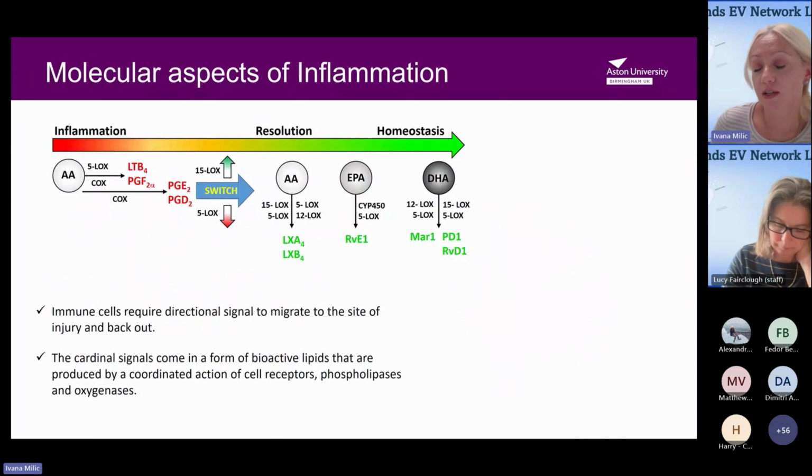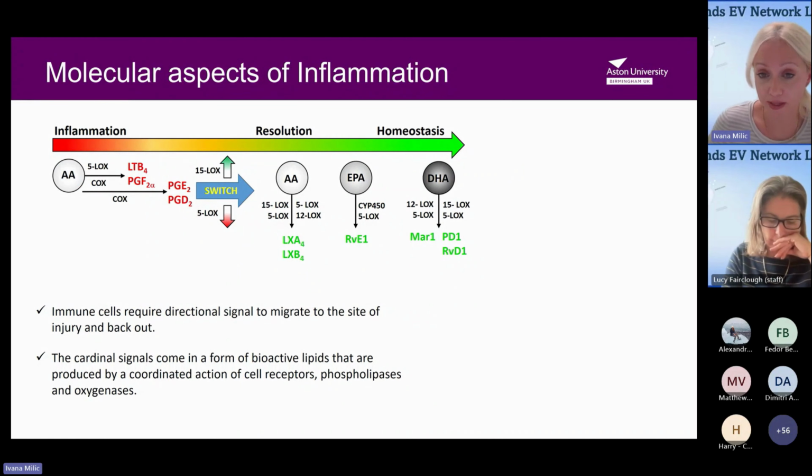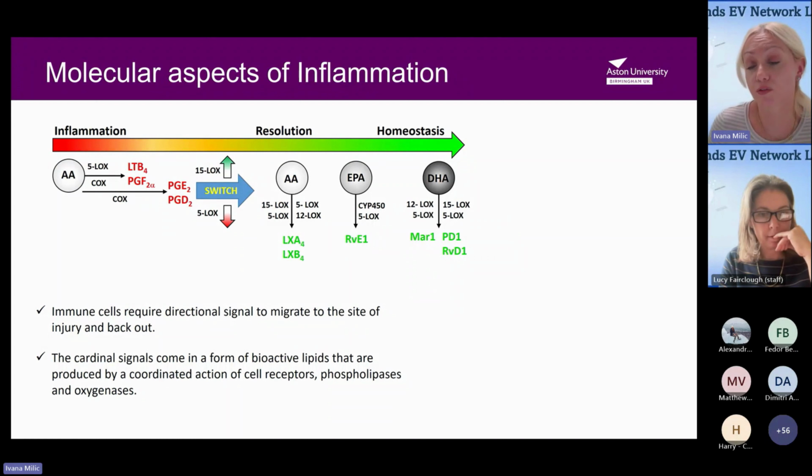I mentioned the molecular aspect of apoptosis from its onset to the homeostasis. So going back again, these bioactive lipids are synthesized locally by enzymatic interaction within the cells. Sometimes it is necessary, especially for those pro-resolving, that we have a subsequent enzymatic interaction of different types of enzymes, so it's not a direct enzyme product.